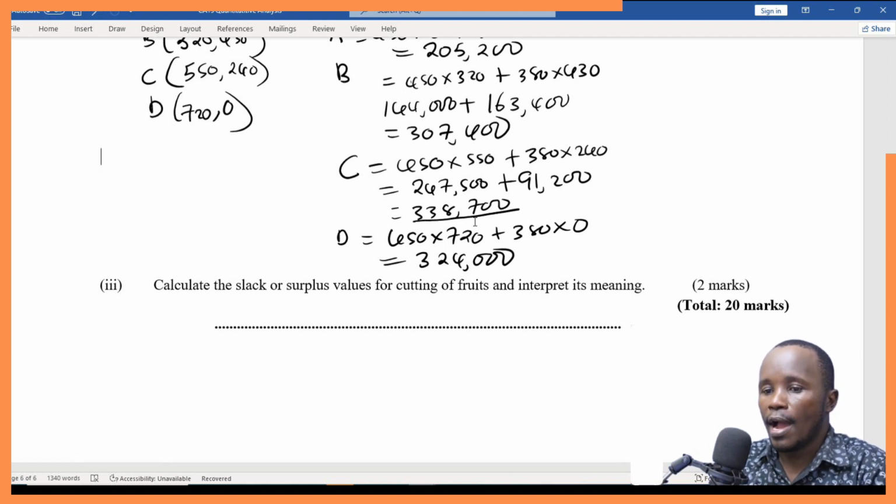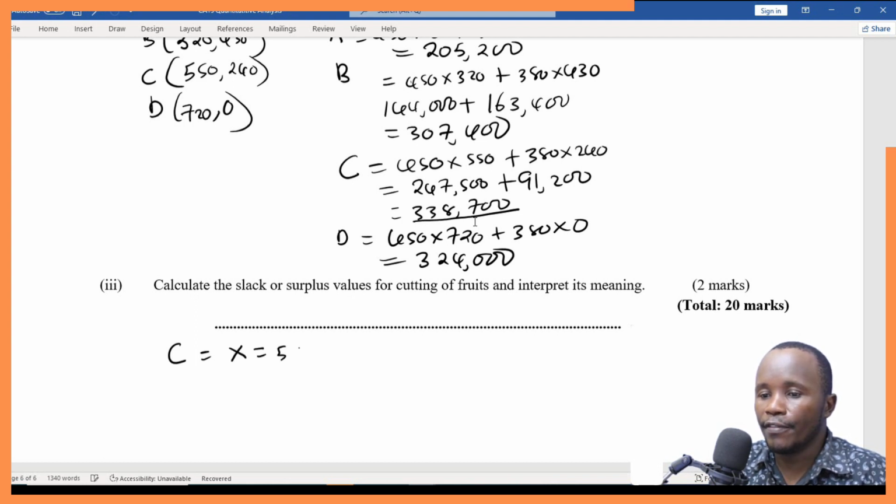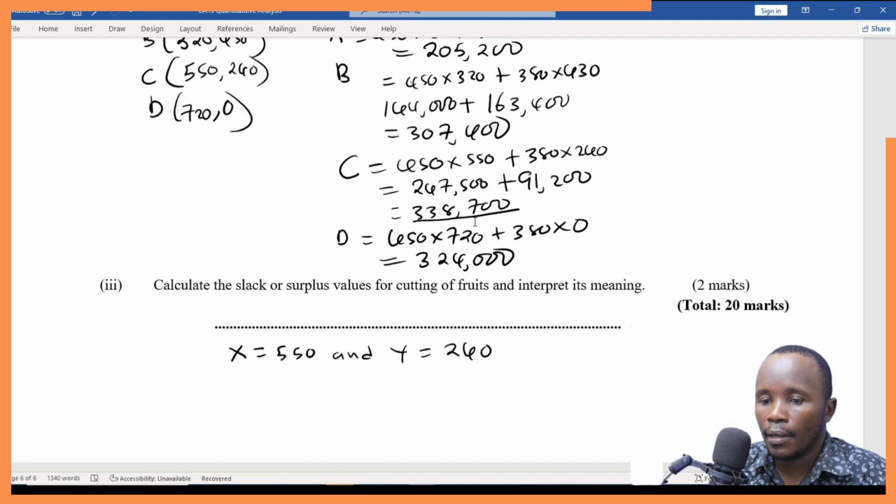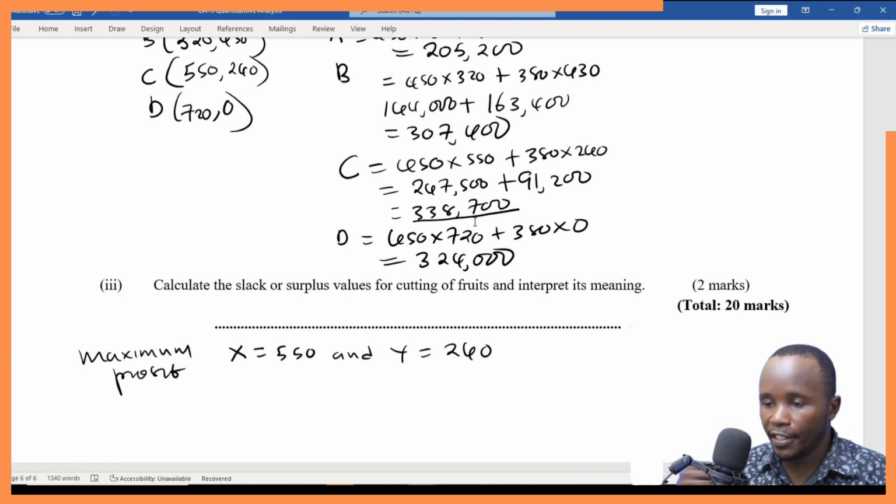So our maximum profit is obtained at a point where x is equal to 550 and y is equal to 240. Maximum profit is obtained at a point where x is 550 and y is 240.